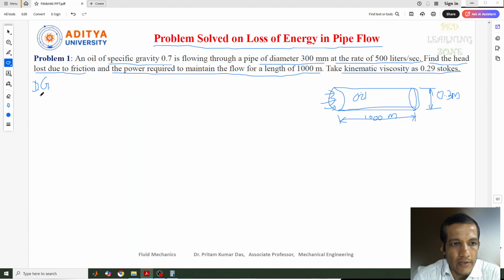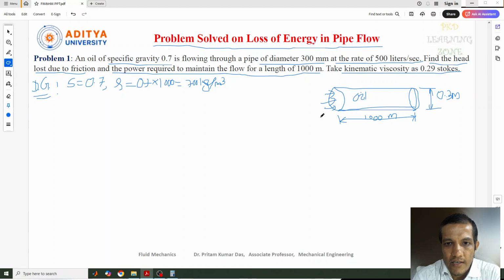So the data given is specific gravity 0.7. If specific gravity is given, it means we can calculate the density. So density is 0.7 into 1000, which is nothing but 700 kg per meter cube.